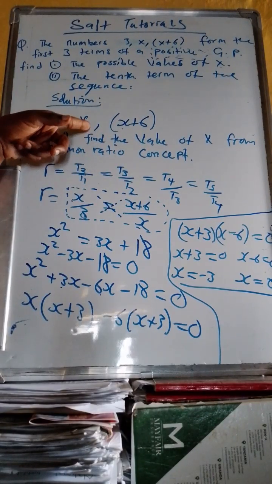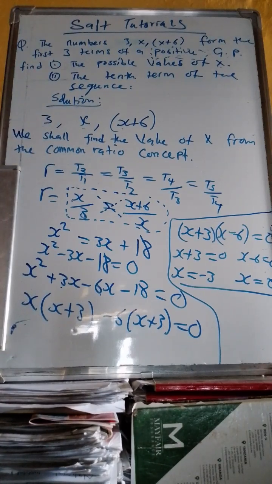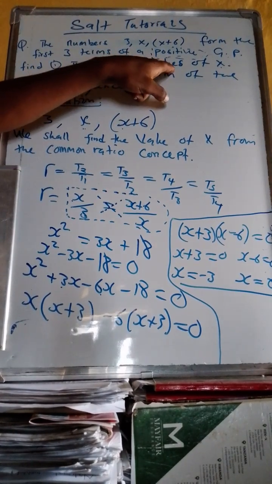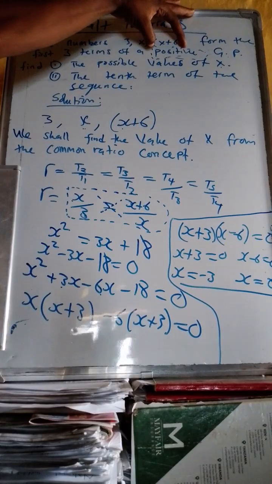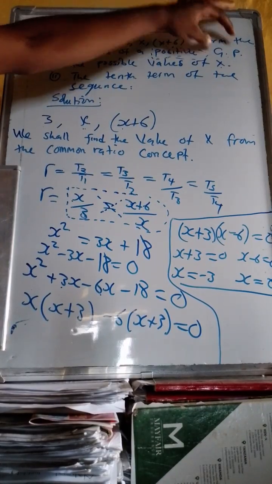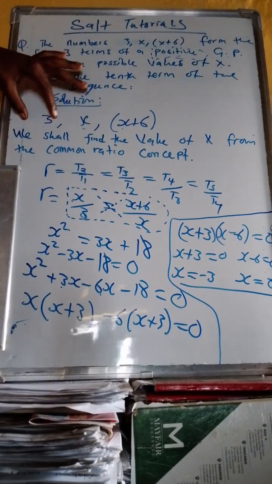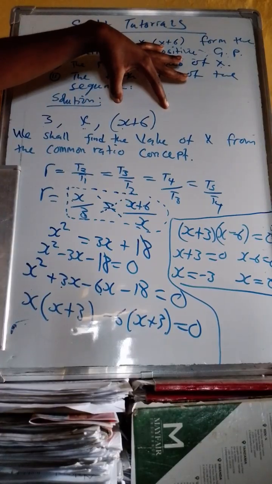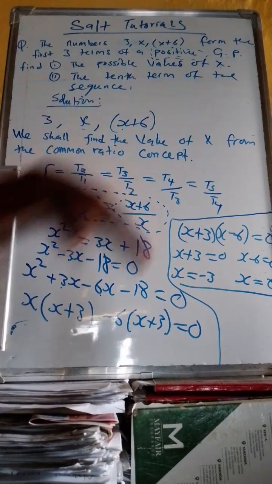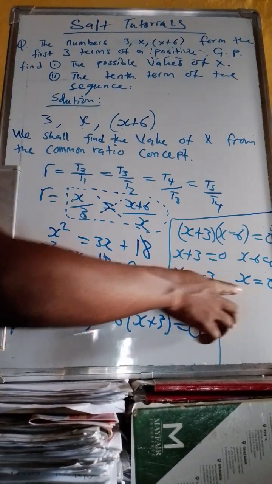So what I'm going to have here would be negative 3, which is going to violate our rule which says positive geometric sequence. A positive geometric sequence means we need to have positive values throughout. So the only way we can have positive values throughout is when our x is positive 6 here.